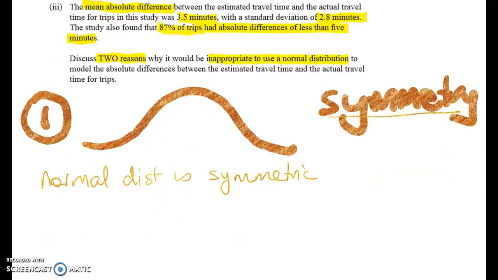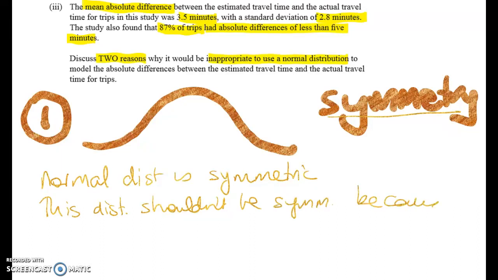So the normal distribution is symmetric, but this distribution shouldn't be symmetric, because the minimum is 0, and you might expect it to look like this.